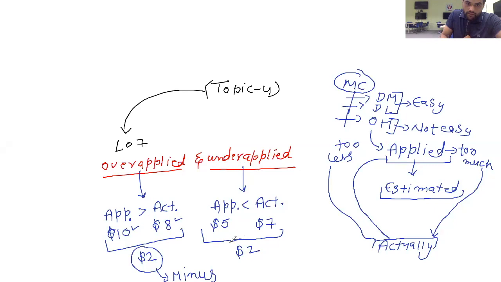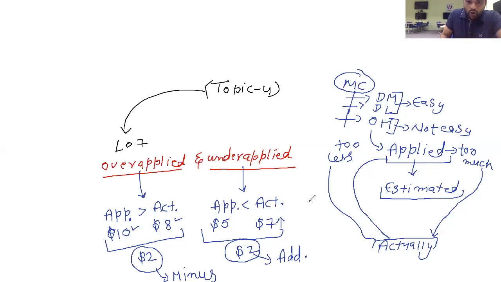Here, actual is $7, but when I am preparing my accounts, I use $5 as the overhead cost. So at the end of the year, we come to know that our cost has increased by $2, so we will add it as a cost in our profit and loss account.